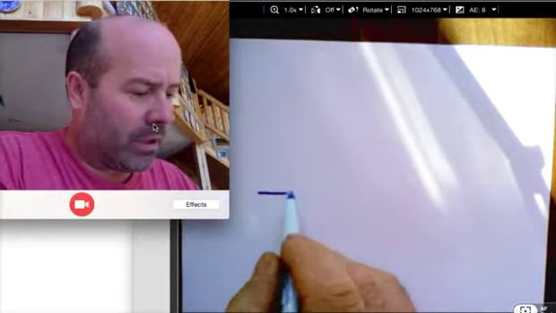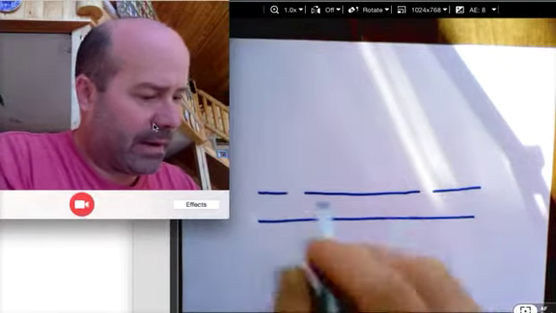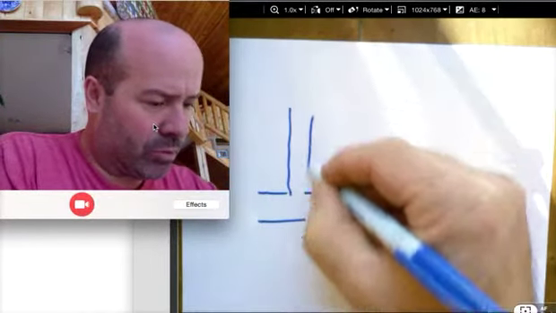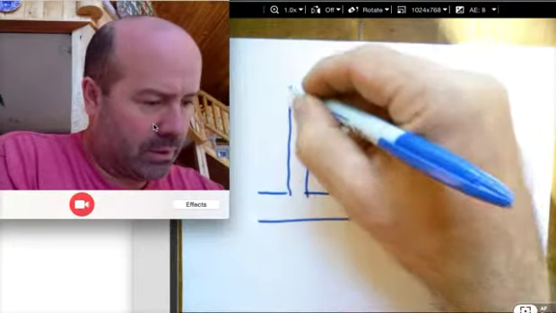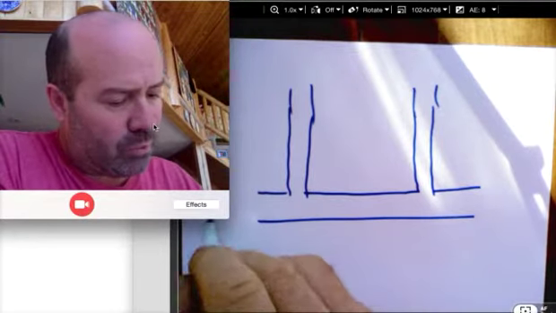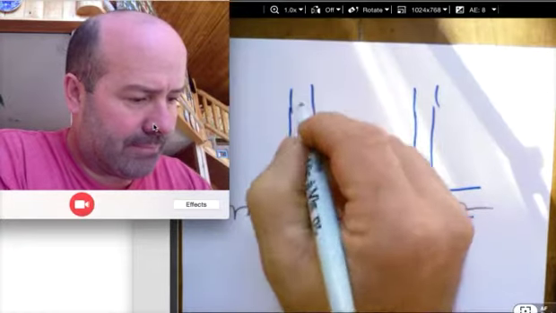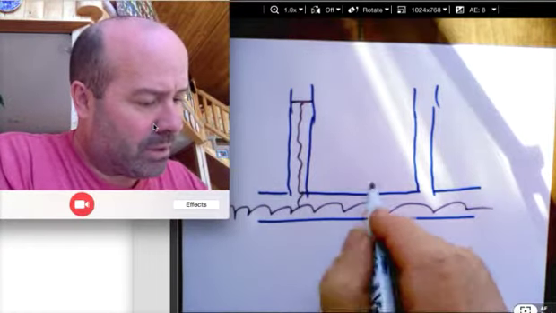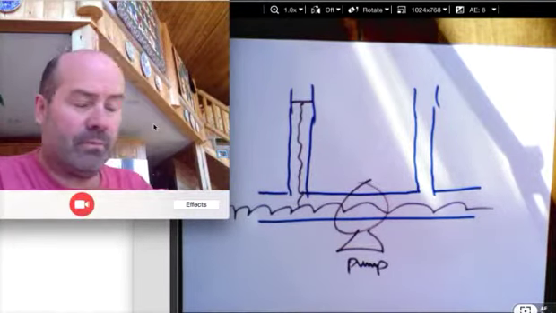What if we were to take our pipe, have our 2 tubes, and have some water flowing through it? What if we put a pump in the pipe?